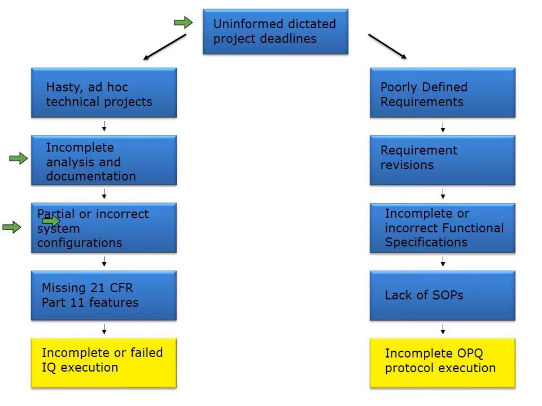You could then have partial or incorrect system configurations, which are critical to the ability to be able to not just do a UAT, but obviously a validation, since we have to qualify a system against that. You may overlook 21 CFR Part 11 features, which are needed not just on the system side, but also in the IT organization, in terms of how it goes about its maintenance activities, and the hosting organization if they're not the primary user of the system.